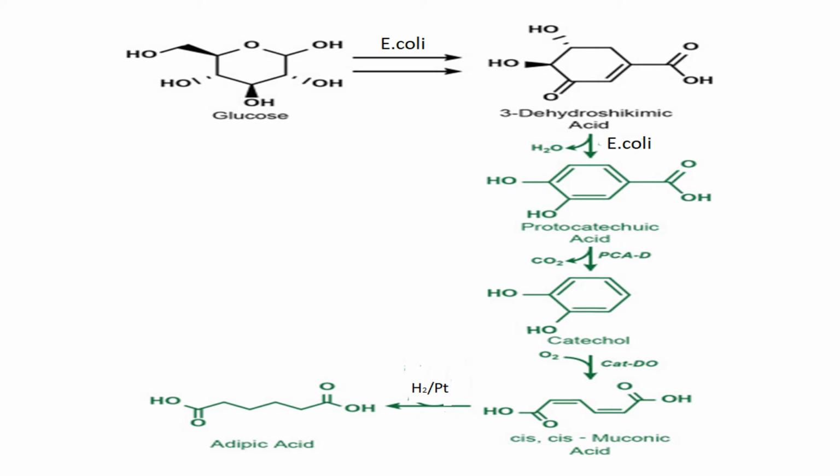Then it is converted into protocatechuic acid, which is then converted into catechol by the use of pyrocatechuate decarboxylase enzyme. Then the catechol is converted into cis-muconic acid by the use of catechol 1,2-dioxygenase enzyme. Then the cis-muconic acid is converted into adipic acid by the use of hydrogen in the presence of platinum. This is the green synthesis of adipic acid.